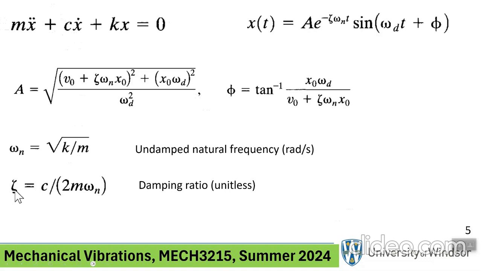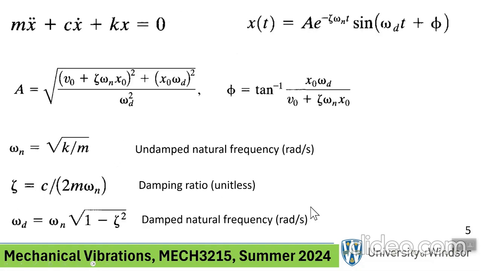So this zeta is nothing but c over c critical, and this c critical is 2m omega n. Once again, I know some of these concepts are not quite clear. Why am I taking all this stuff and coming up with somehow zeta? You just have to be patient, that's all. And this omega d is the damped natural frequency.